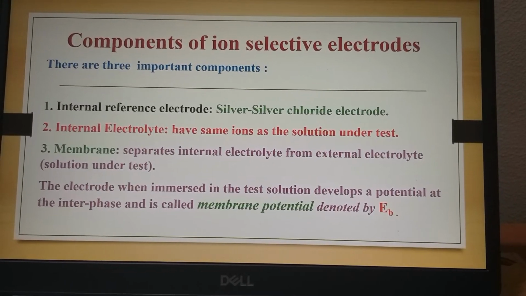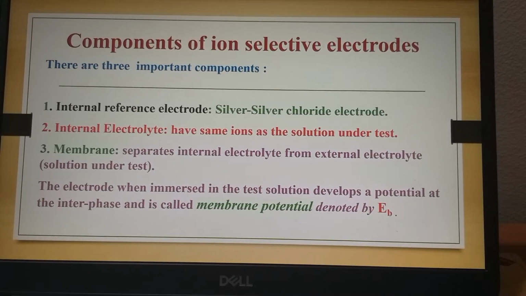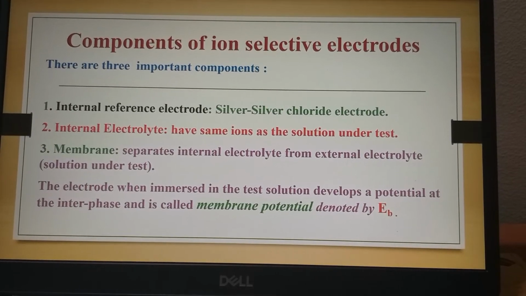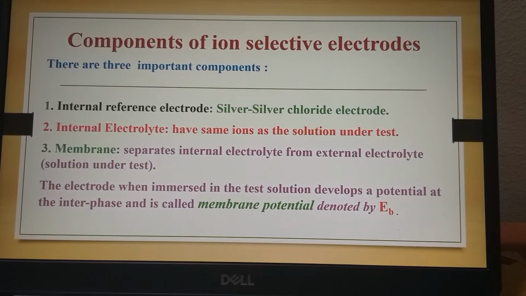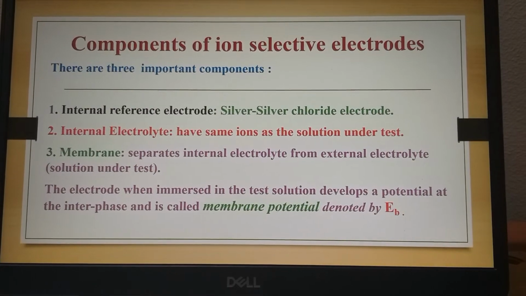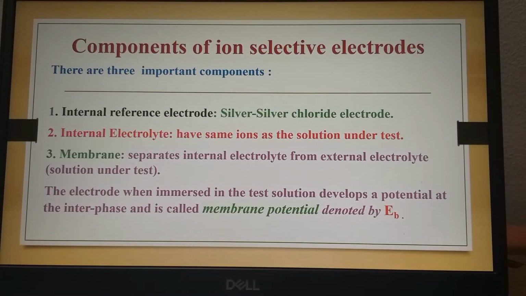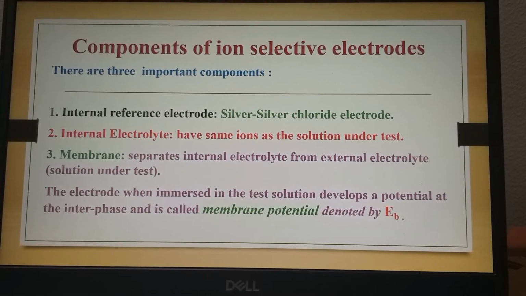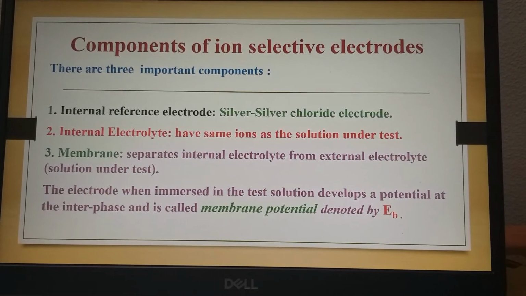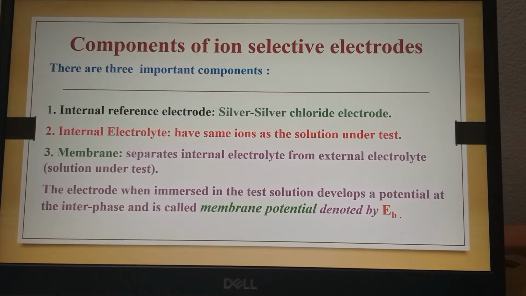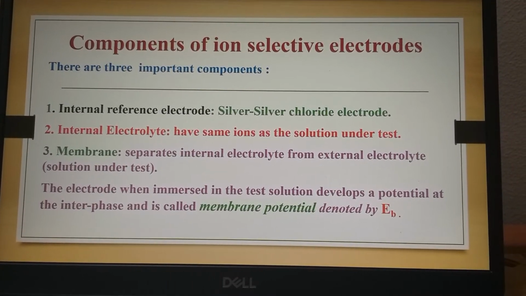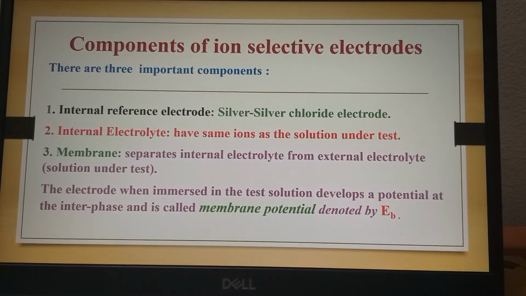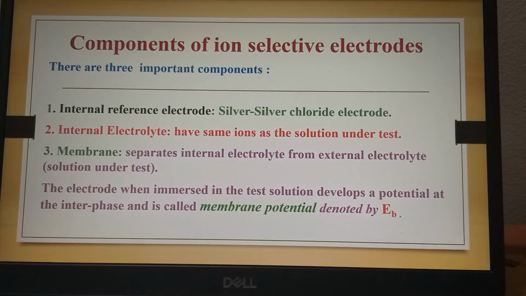The second important component is the internal electrolyte. The internal electrolyte is prepared by dissolving a salt having the same ions as the ions under test, and it is filled inside the membrane as an internal electrolyte in the ion selective electrode.